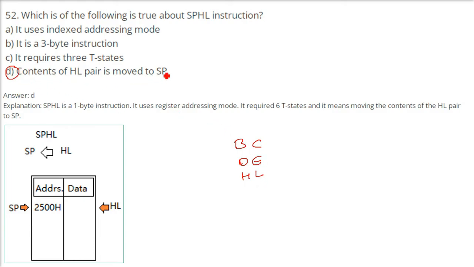SPHL is a 1-byte instruction. It uses register addressing mode. It requires 6 T-states. It is 1 byte and uses 6 T-states. It means moving the contents of the HL pair to the SP, that is, the stack pointer. HL to stack pointer.